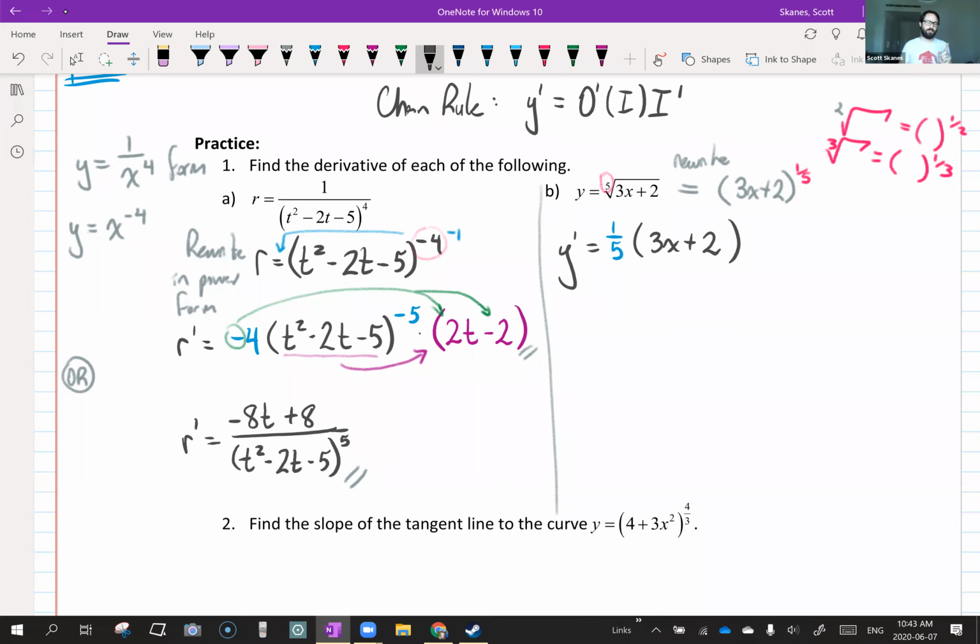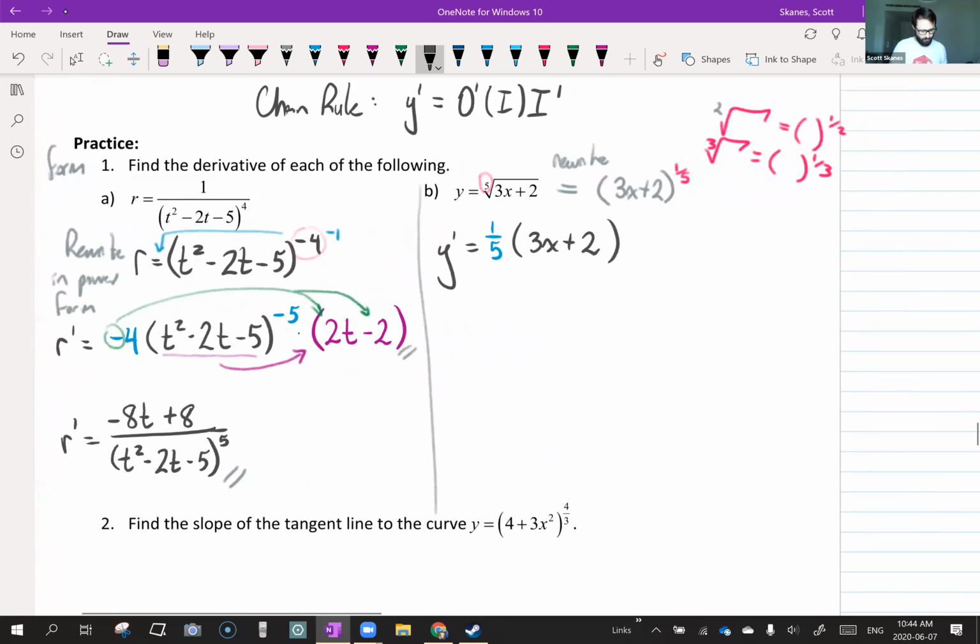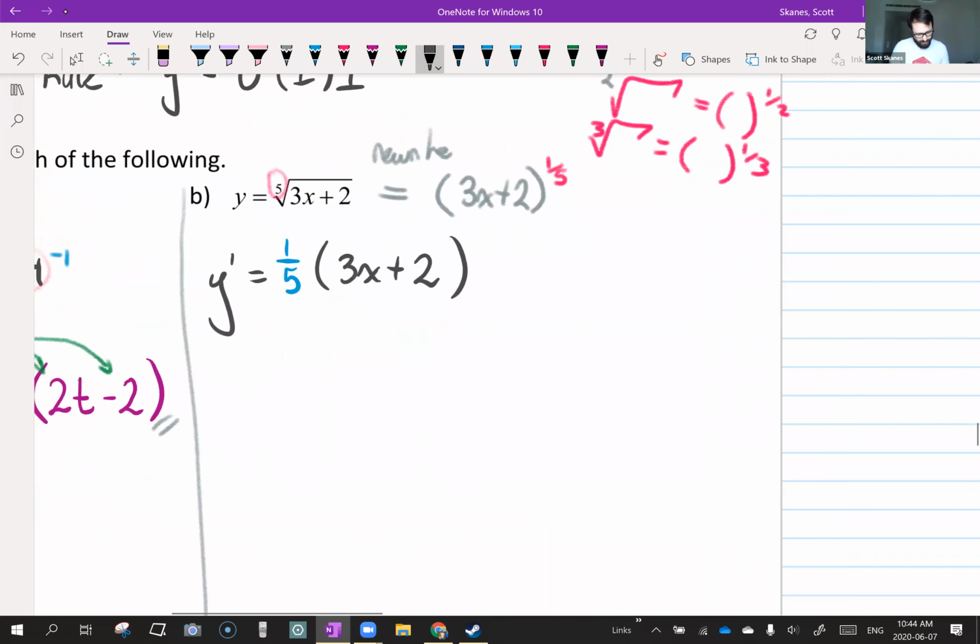And I'm going to give you a little trick for simplifying the power, all right? When you do derivatives, you're only ever subtracting by 1. So the trick is take the top number, subtract the bottom number, and you'll have your top number, okay?